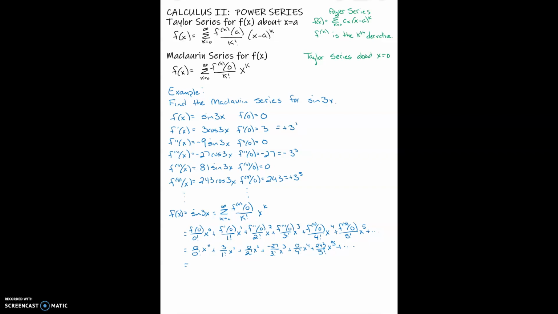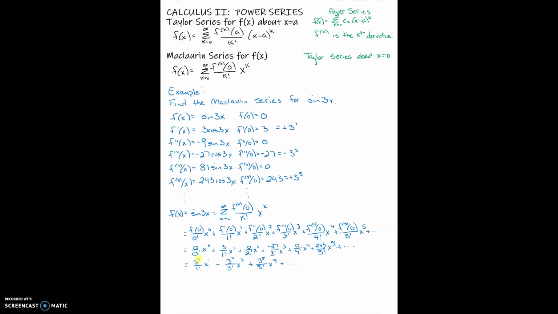So, this simplifies down to 3 to the 1st power over 1 factorial x to the 1st, minus 3 to the 3rd power over 3 factorial x to the 3rd, plus, we skip a term, we end up with 3 to the 5th power over 5 factorial x to the 5th. And I think that makes a very nice pattern.